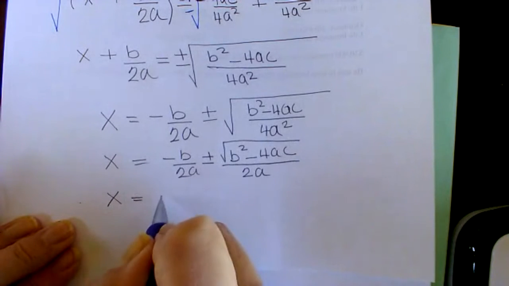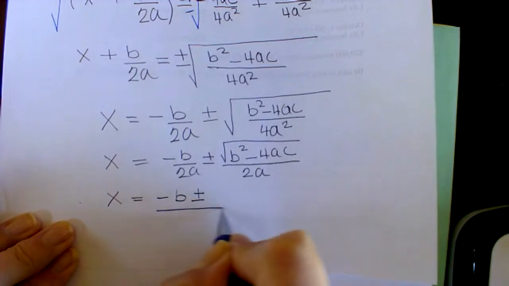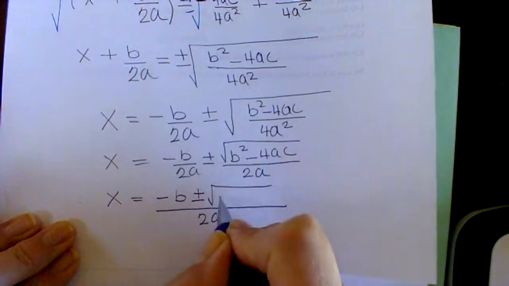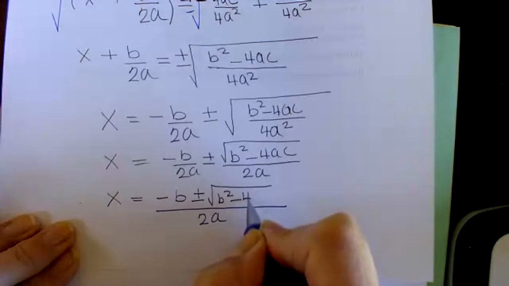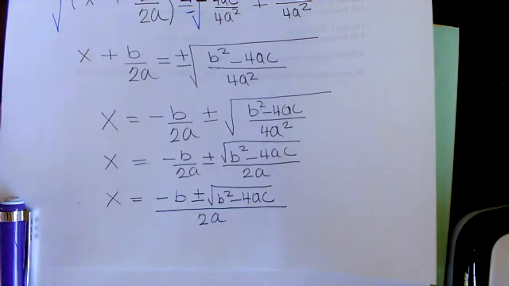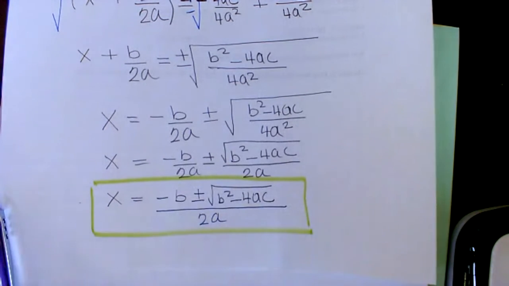So it's going to be negative b, everything over 2a, plus or minus the square root of b squared minus 4ac. And we just got to the quadratic formula.